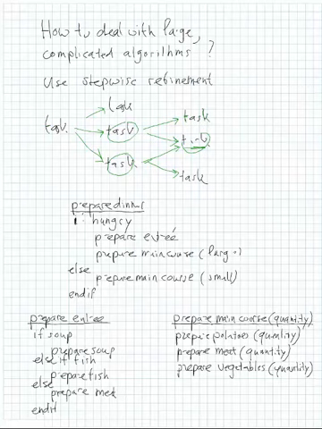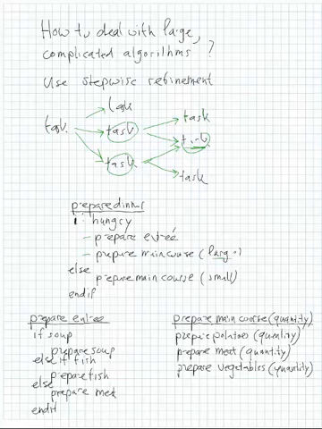Let's have a look at an example. Here I have an algorithm for preparing dinner. First I'll have to decide whether I'm hungry or not. If I'm hungry, then I want to have an entree and a main course, and my main course should be large.